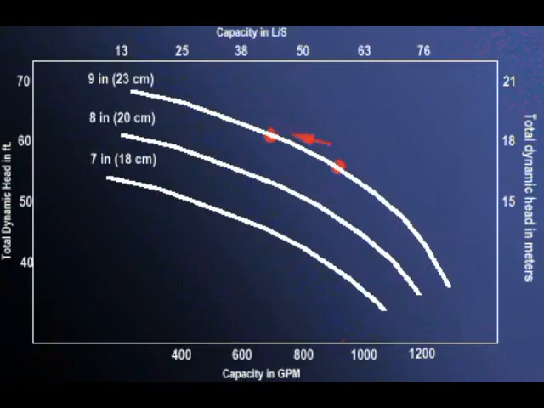Since it takes less power to pump 42 liters per second, 660 gallons per minute, at 18 meters, 60 feet, than 55 liters per second, 880 gallons per minute, at 17 meters, 55 feet, the amperage decreases as the head increases.